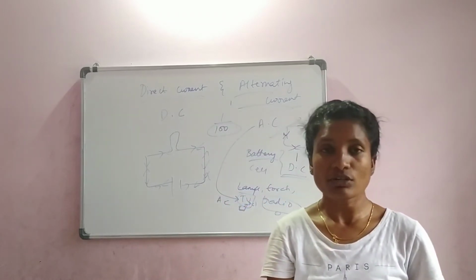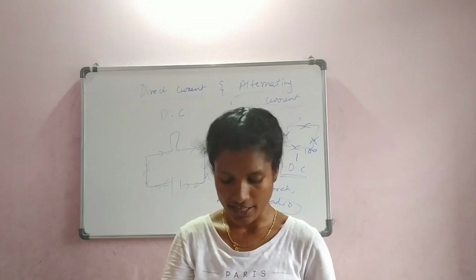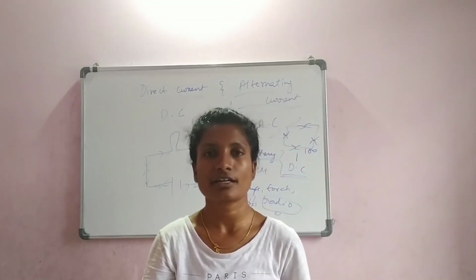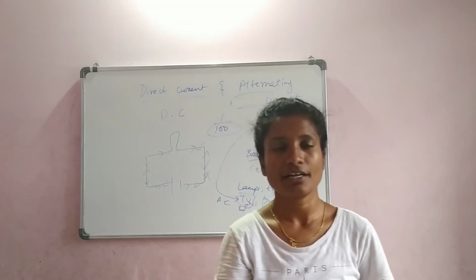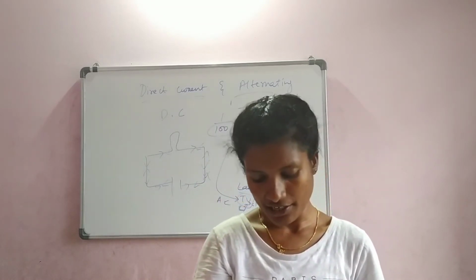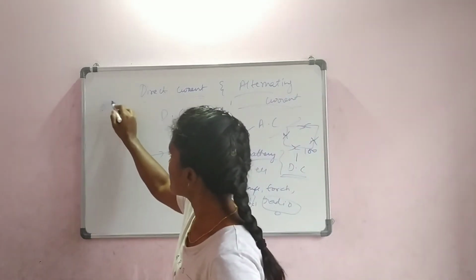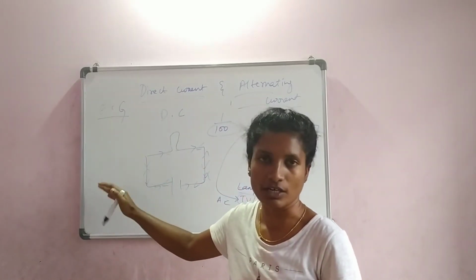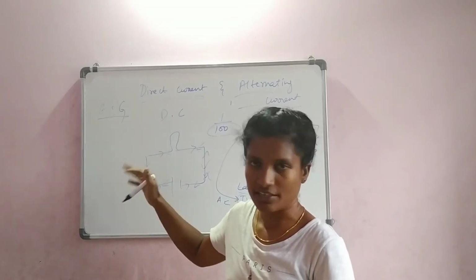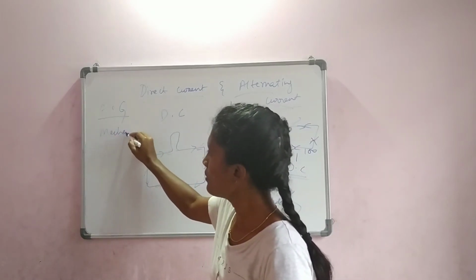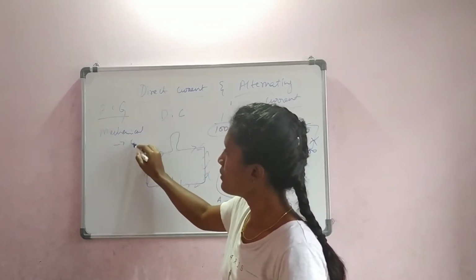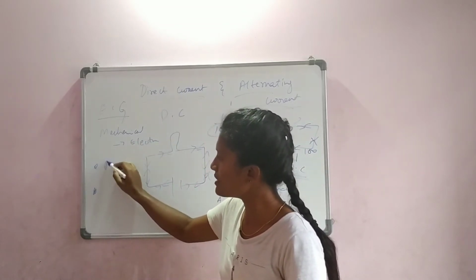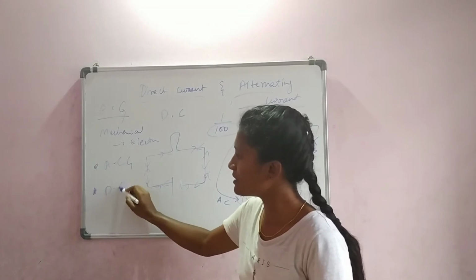So there are two types of electric generator. One is AC generator and the other one is DC generator. Alternate current generator and direct current generator.